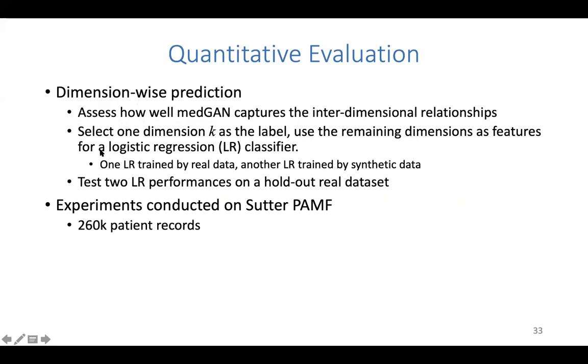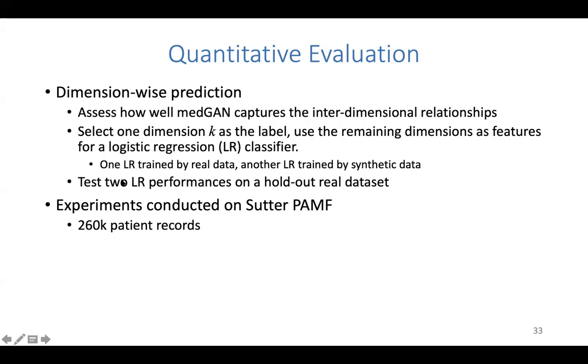And we train a logistic regression classifier which accepts all the dimensions except for the target dimension K. We train the logistic regression classifier two times, one with fake samples and one with real samples. So one LR trained by real data, another LR trained by synthetic data.